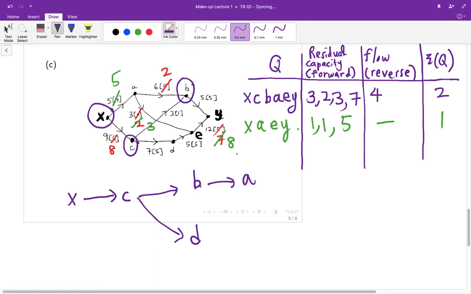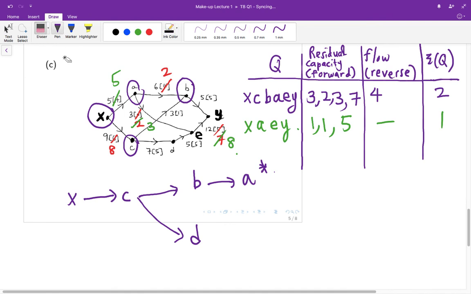So it's possible that we go from B to A. This is considered unsaturated. But after coming to A, we'll be stuck because we can't go from A to E since the flow is maxed out already. So that is the scenario in the first case.